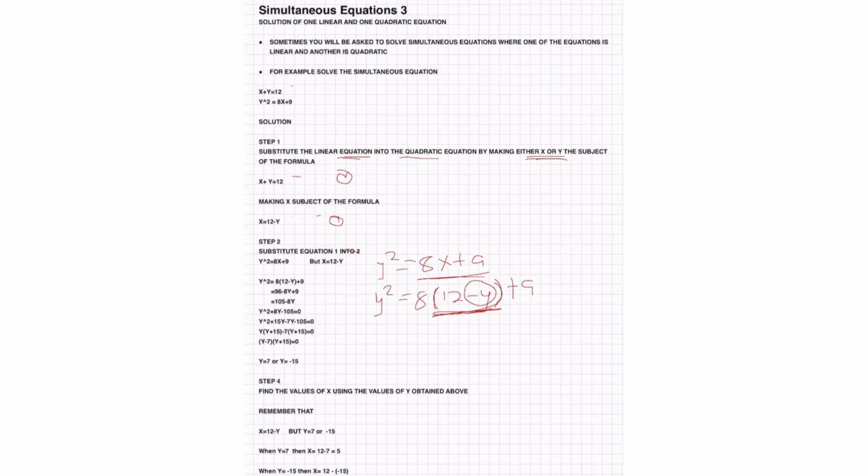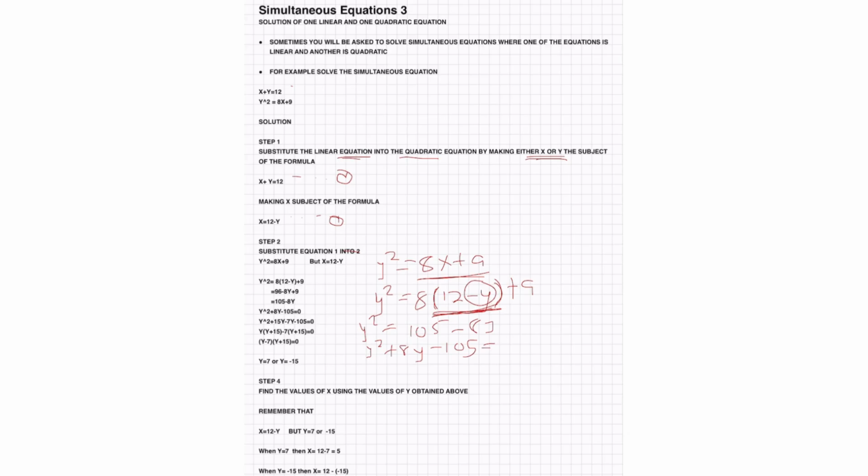The final quadratic equation that you have is y squared is equal to 105 minus 8y, which gives you y squared plus 8y minus 105 is equal to 0.